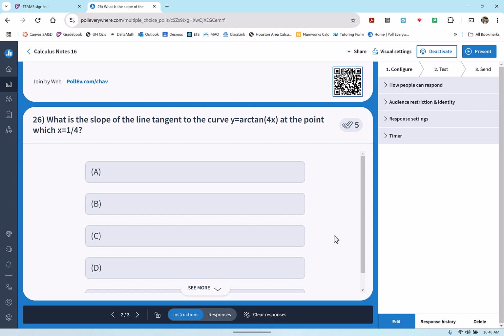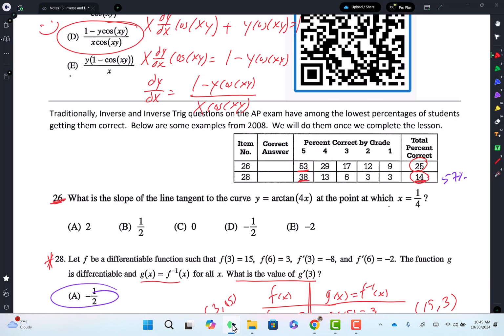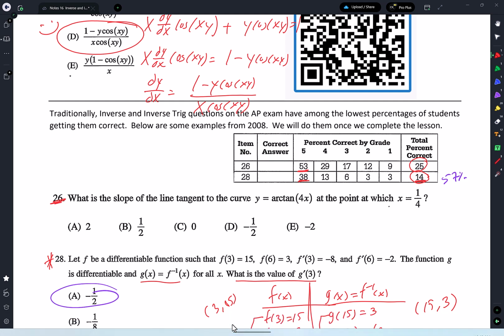You got it, Ro? Would you like to come up and work it for us? Yeah, come on up. Ms. Rowe is going to go ahead and get started. Make sure you answer the poll, guys, because that's your participation grade. But here's Rowe going to work it out for us.